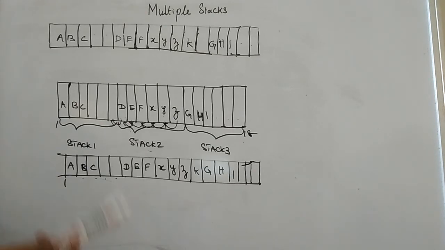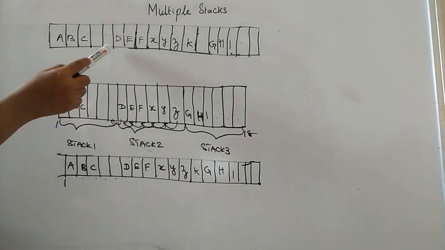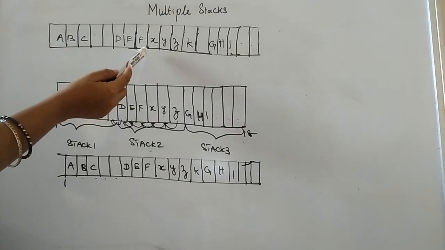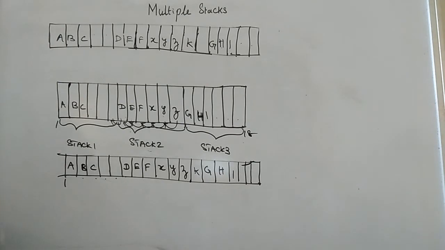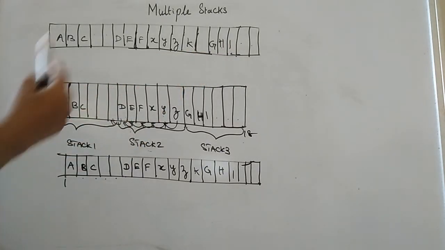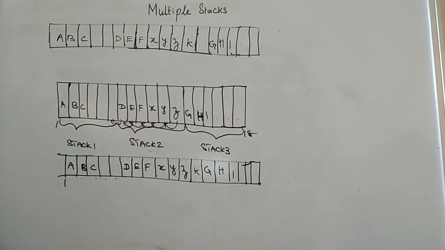The direction depends upon the free space availability. For example, if free spaces are available on the left-hand side, you can shift the elements towards the left. If you have free spaces on the right-hand side, you can shift the elements towards the right, right? So this is the methodology of storing multiple stacks in a single array itself.